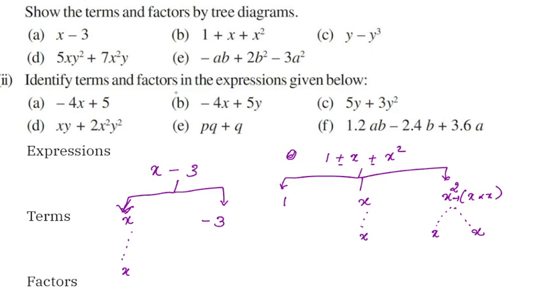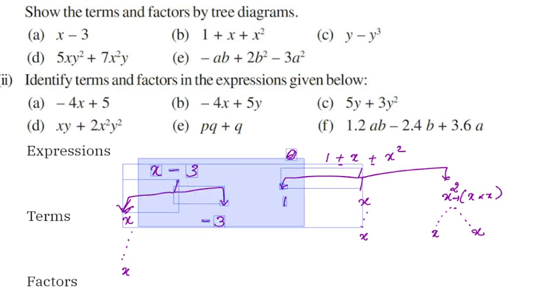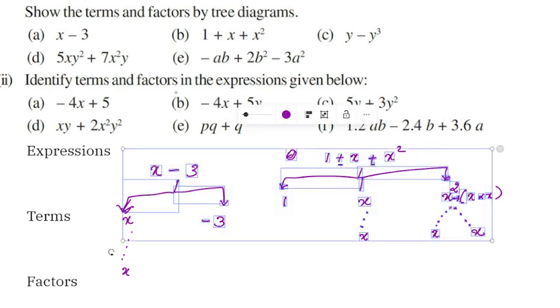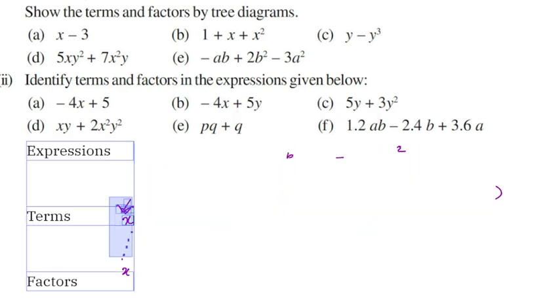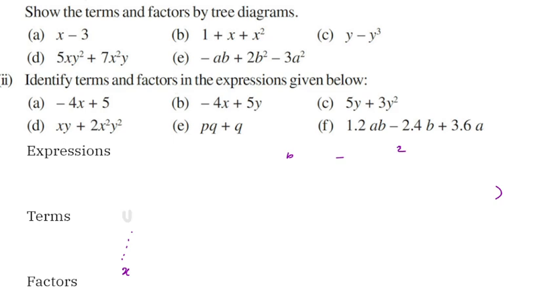Now consider the third question, that is C. C is y minus y cube. How many terms are there? Yes, 2 terms: y and minus y cube.